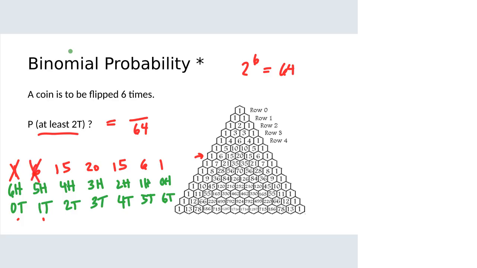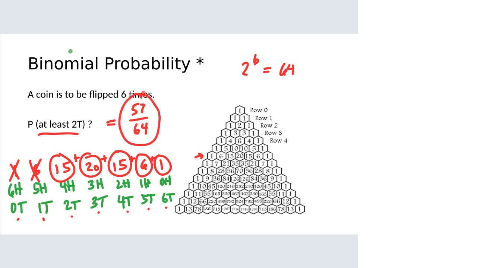There's 1 tail here, 2 tails. All right, 3 tails. At least 2 means 2 or more. So yeah, that's good. 4 tails, sure. 5 tails, those are successes. 6 tails, those are successes. We'll have to add all these successes together. And let's see, when we do that, we have 15 plus 20 plus 15 plus 6 plus 1. That's 57 out of 64. And so the probability of getting at least 2 tails is 57 out of 64.